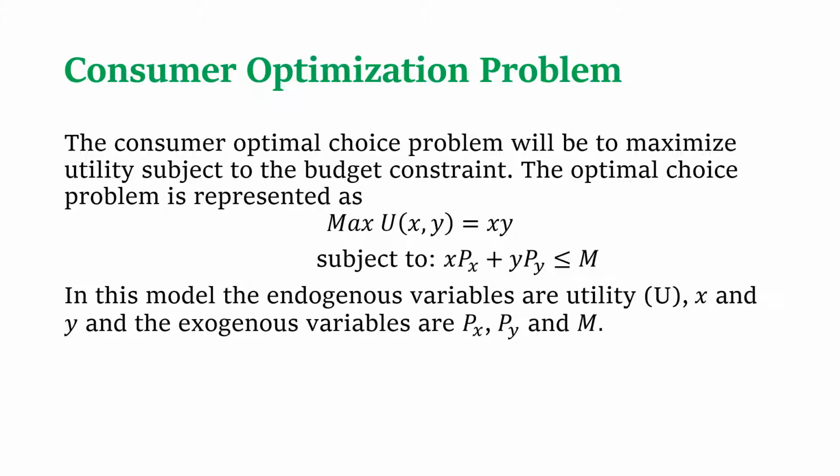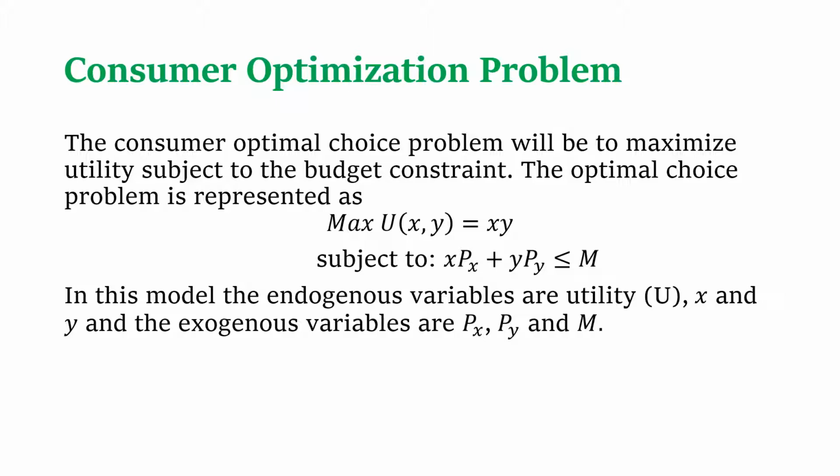So now we have a problem here. We are going to maximize utility subject to the consumer's budget constraint. Now, there are two approaches here to obtain these optimal choices. There are two methods we need to be aware of.